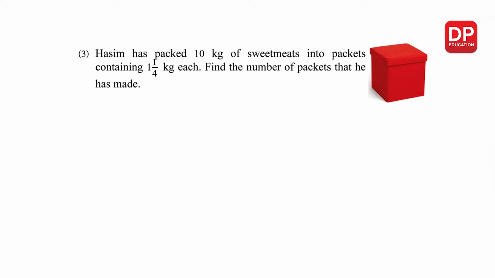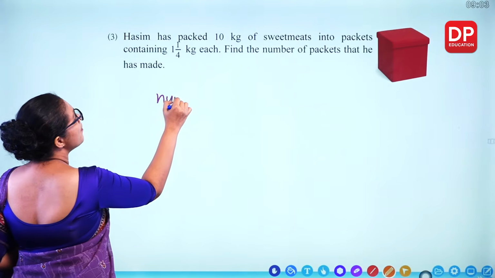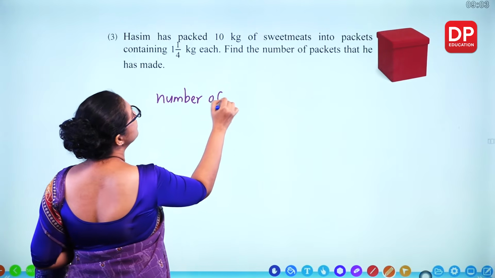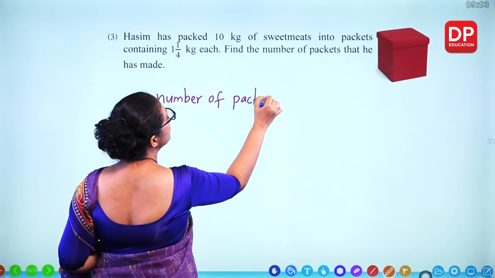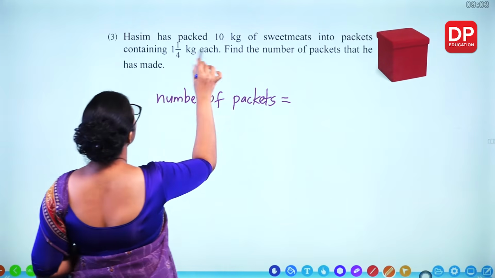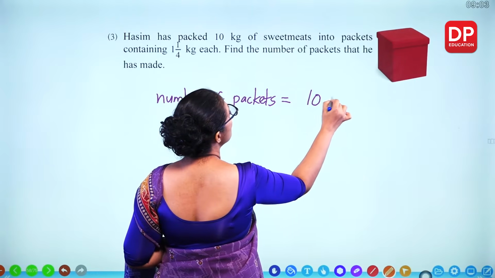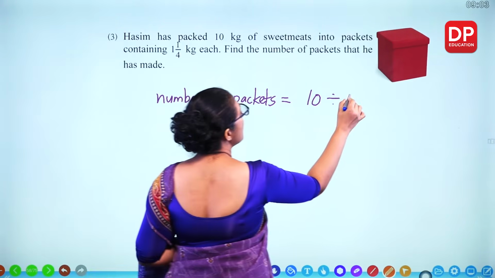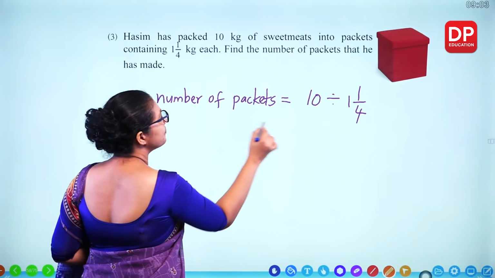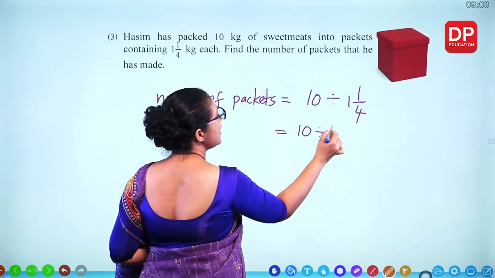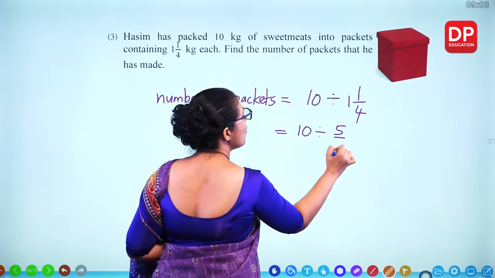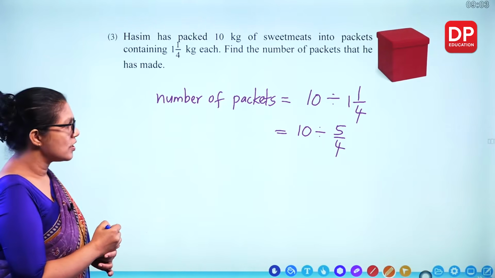Hasim has packed 10 kilos of sweetmeats into packets containing 1¼ kilograms each. Find the number of packets that he has made. Number of packets is equal to altogether 10 kilos divided by 5 over 4 as an improper fraction.